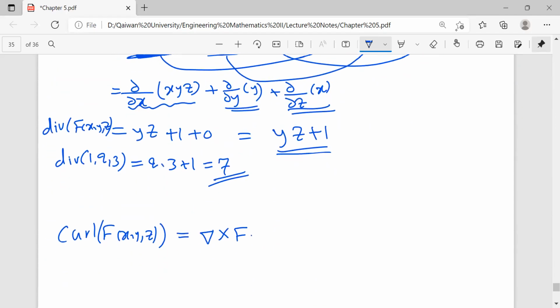To find the cross product of two vectors, we use determinants, as we talked about before. This equals the determinant of a matrix, where the first row has i, j, and k.